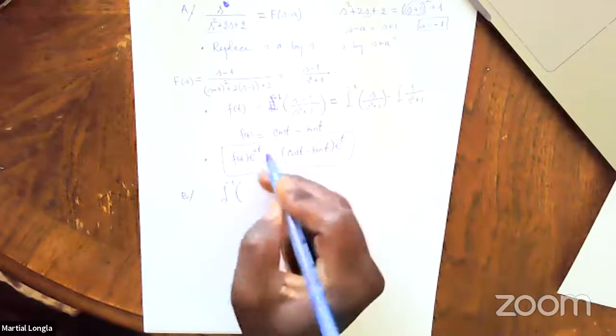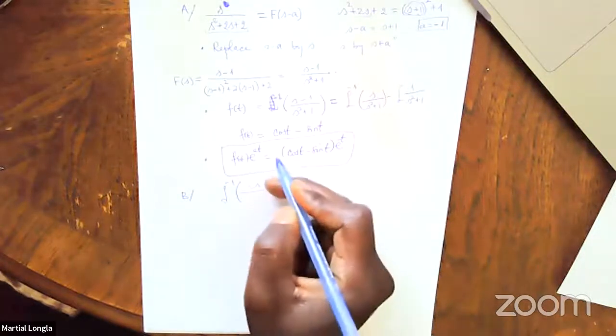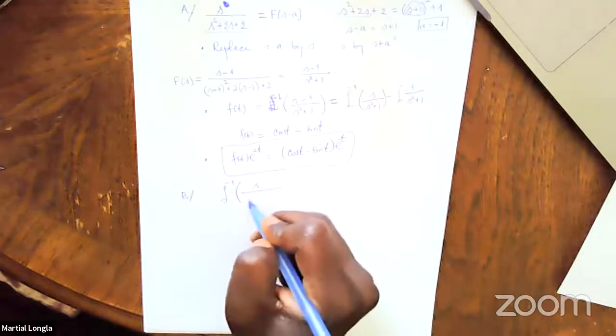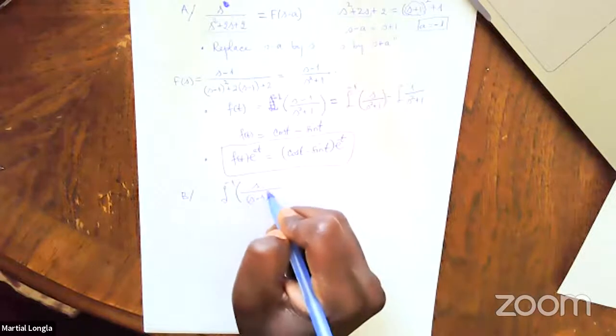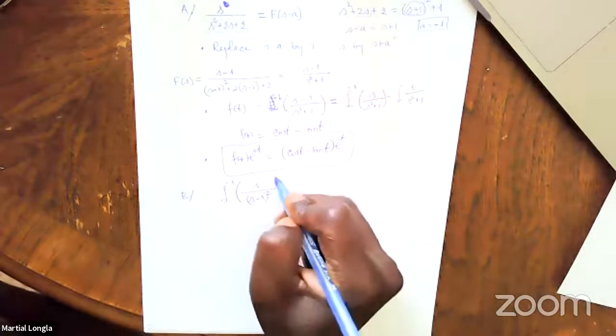Inverse Laplace transform of s over s minus 1 squared. So again, when you look at this denominator, you see s minus 1 squared, and you know that the Laplace transforms that you know are about just powers, like n factorial over s to the n plus 1.